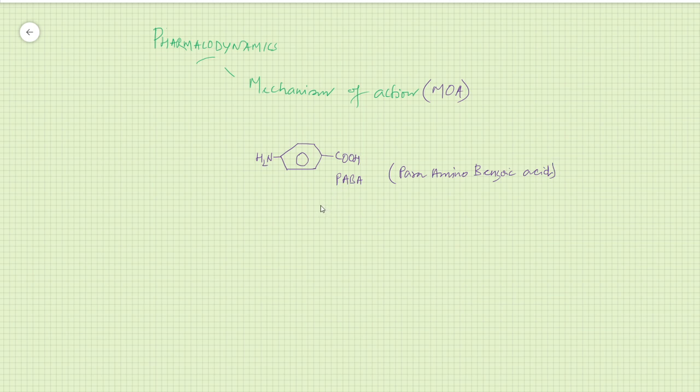This is the starting step in the folic acid pathway as far as bacteria is concerned. So PABA in the bacteria is acted upon by an enzyme called dihydropteroate synthase.